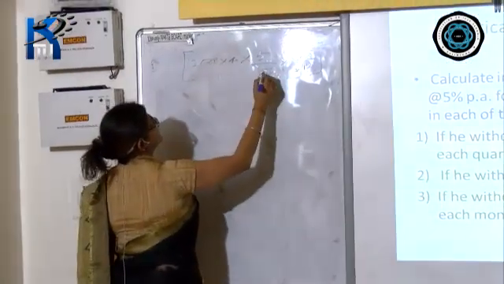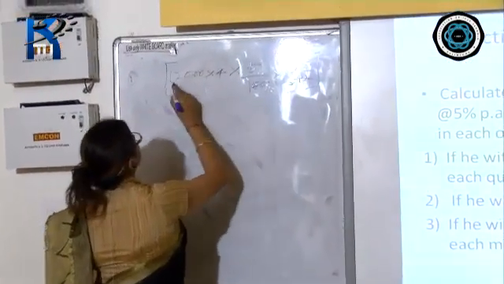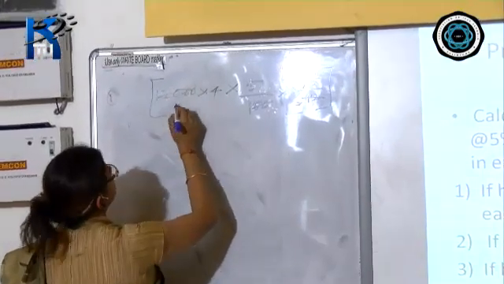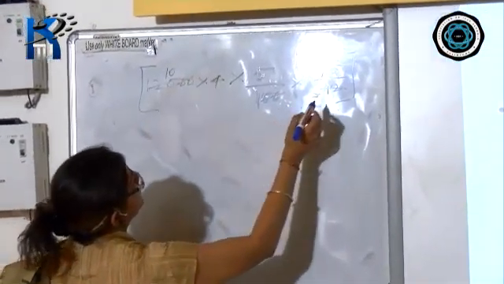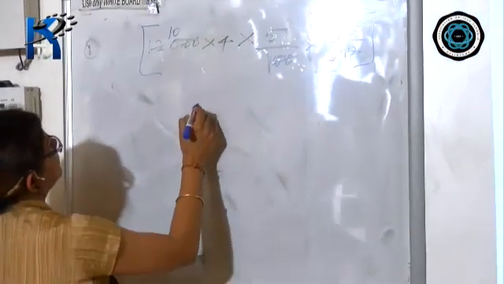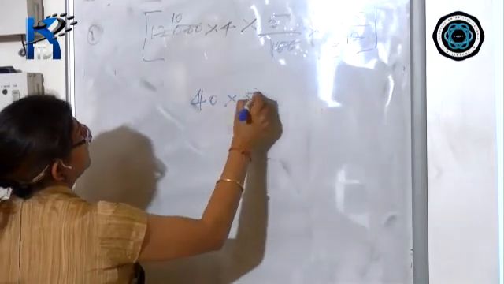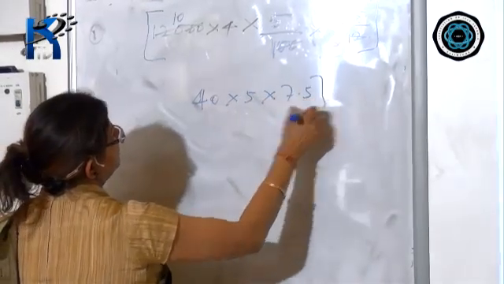Now, (40 into 5 into 7.5) will give you the interest on drawings.